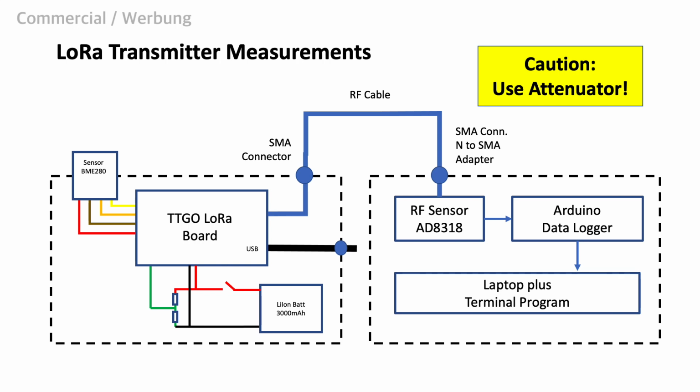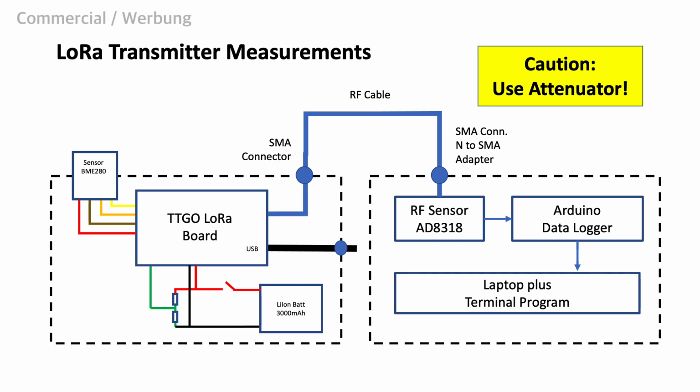Now, the AD8318 is a logarithmic RF sensor which is specified from 1 MHz up to 8 GHz. Its output is a DC voltage that is proportional to the received RF power.